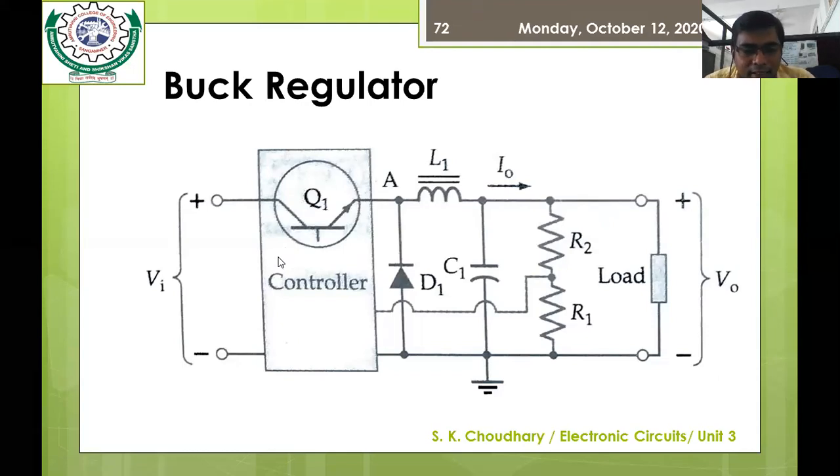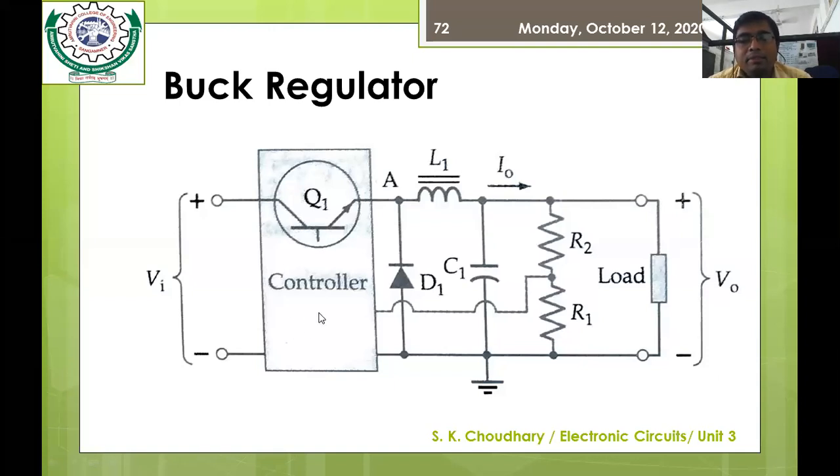If you correlate it with the circuit diagram of the switching regulator or SMPS, there is a switching device, Q1, also the same. This is encircled by a rectangle that consists of an error amplifier, oscillator, and PWM circuit. So this is the controller I have shown here.